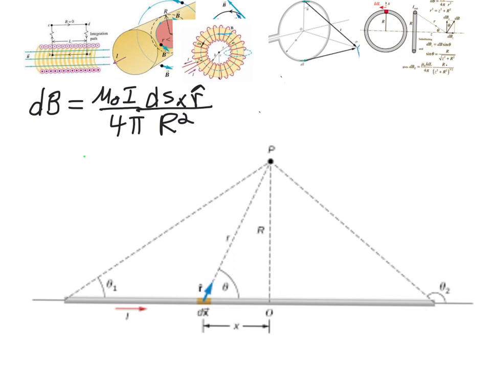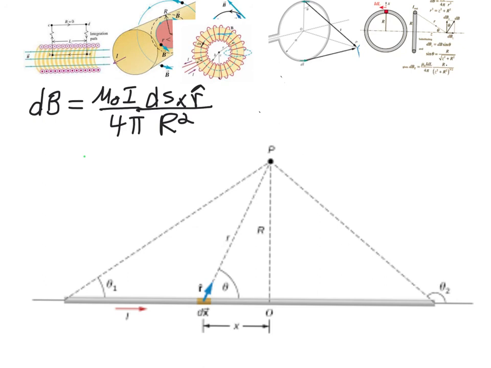So we draw this figure, put down the point, and then we use the Biot-Savart law, which says take any ds, in this case it's a dx because this is the x-axis, and cross it with r hat and multiply it by mu naught times the current in the wire, and divide it by 4 pi times the distance from the dx to the point. And that distance in this figure is marked as r.